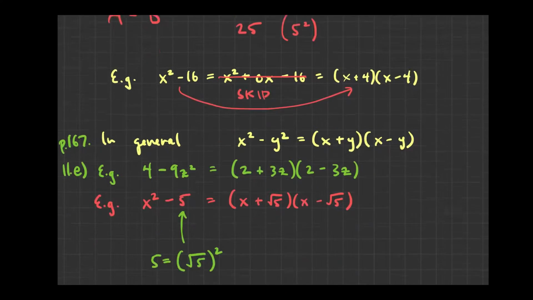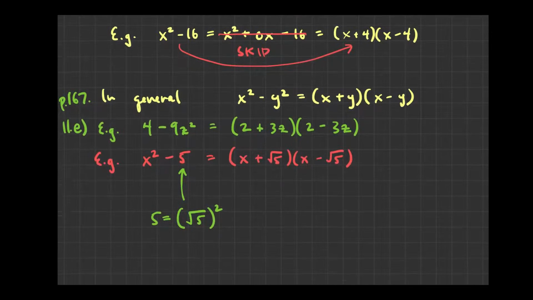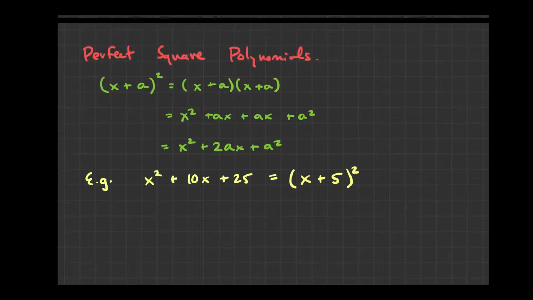We're looking for either a difference of squares, one square minus another square, or a quadratic that has a perfect square as its constant term, and the middle term is double the square root of it.